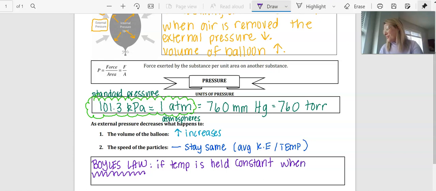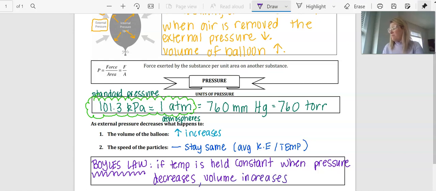When pressure decreases, okay, volume increases. Or you can think of that vice versa, right? As pressure increases, volume decreases, right? If you're applying a lot of pressure on something and it's pushing down, then your size is going to decrease. Okay, this is Boyle's Law.